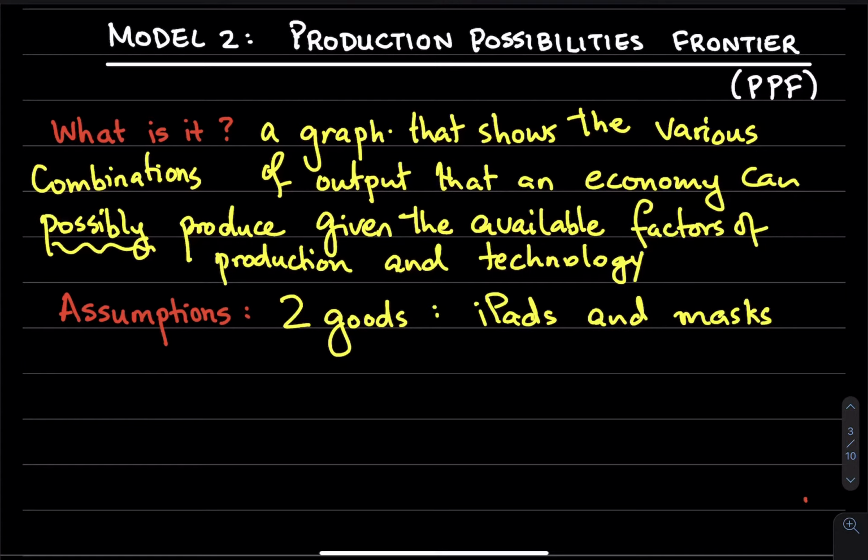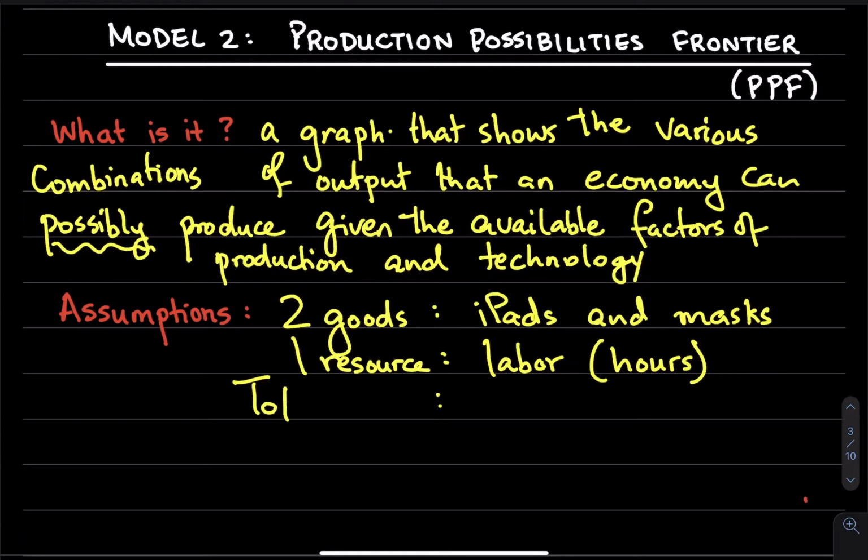Okay, so we'll just take these two goods that we're producing, and we are going to make an assumption of the resources that are available to us for production. So we're going to just say that we're using one resource, which is labor, which is measured in the number of hours that you put into work. And we are also going to think about, well, how many hours are there?